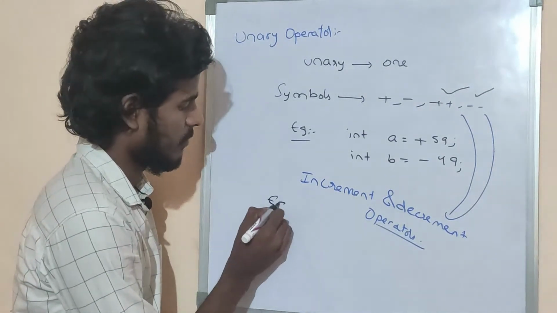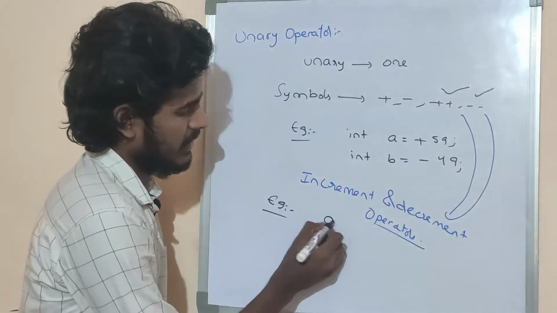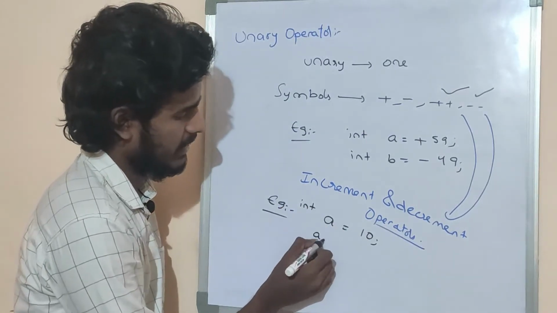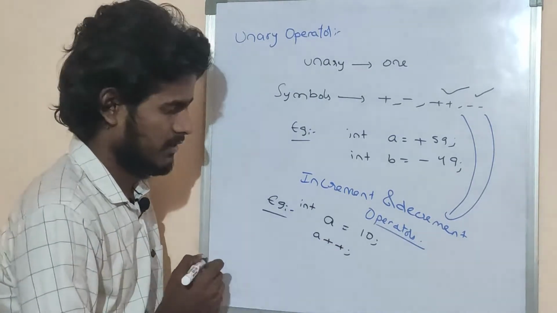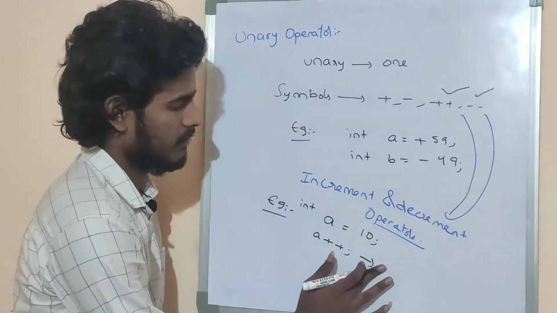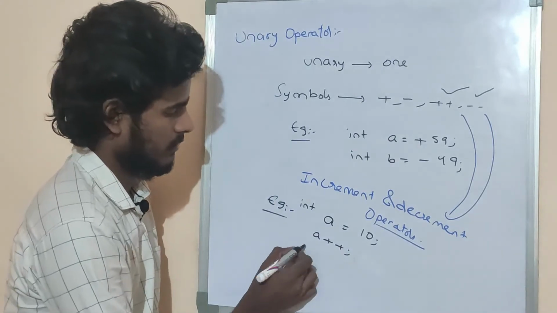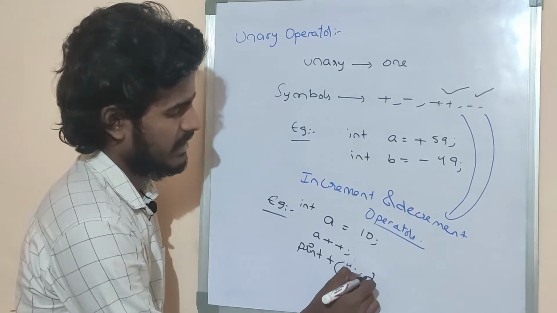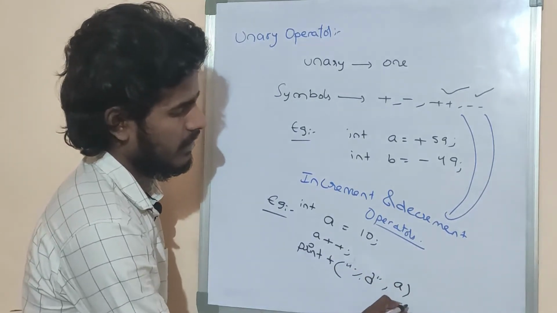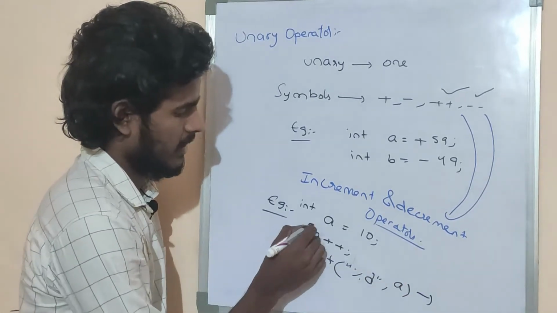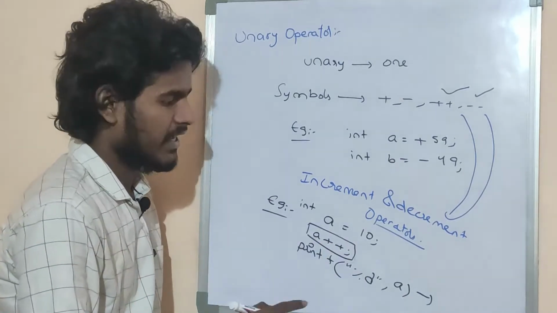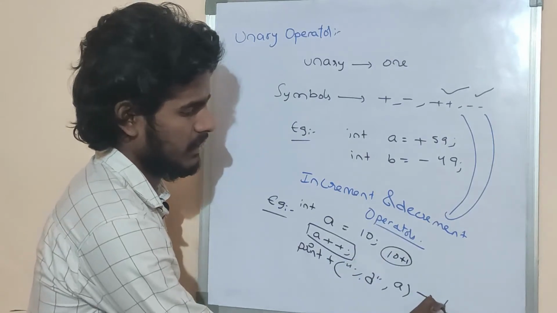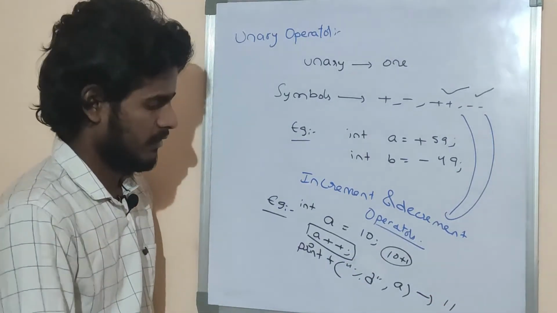Let's see the example. Int a is equal to 10. Here a plus plus: printf %d a. It will increase the value by one, so 10 plus 1, and we get output 11.